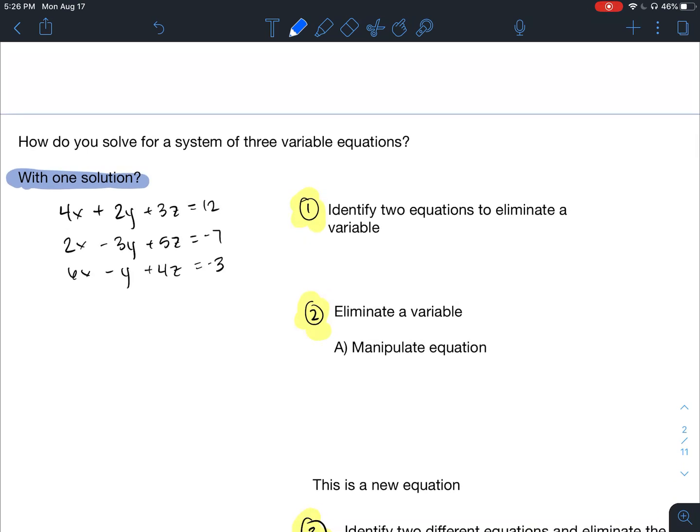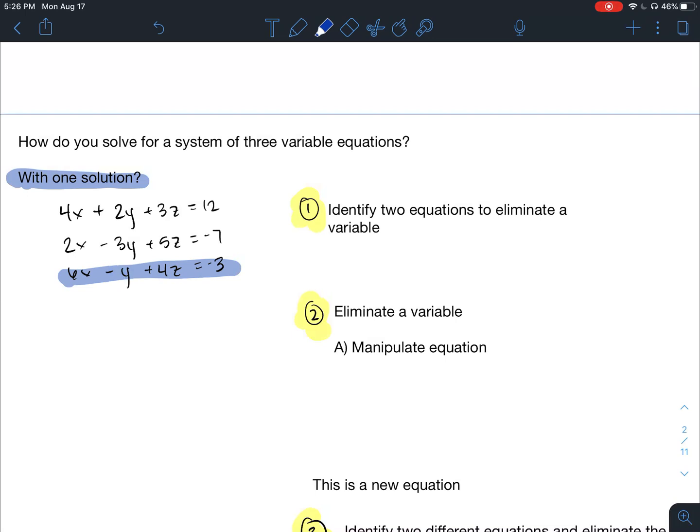Now, we want to eliminate a variable, but we want to pick 2 equations first that will help us eliminate one variable. Take it one step at a time. So identify 2 equations to eliminate a variable. Well, for me, again, I like this equation right here because guess what? That doesn't have a constant next to it.